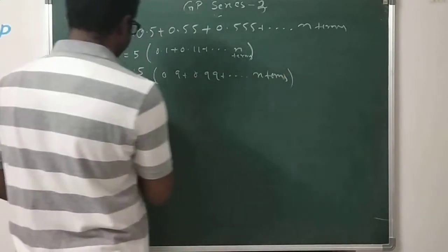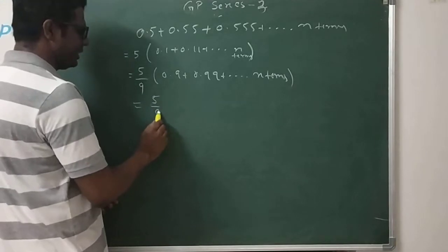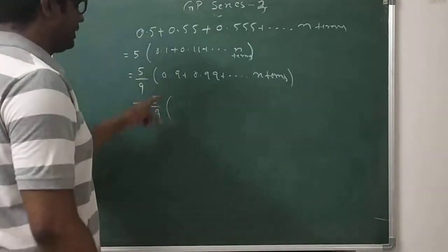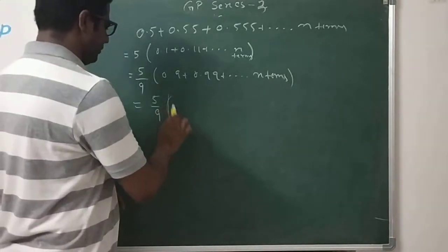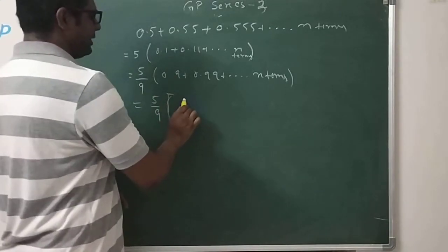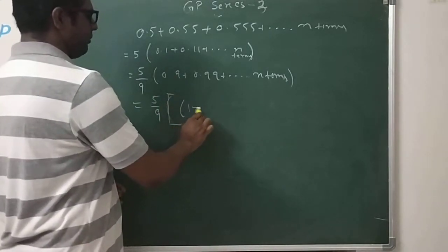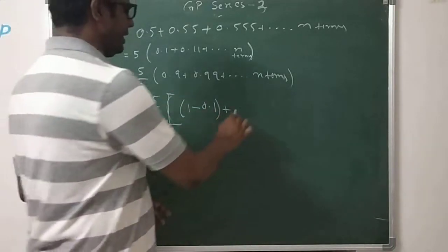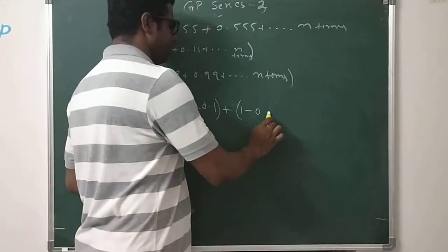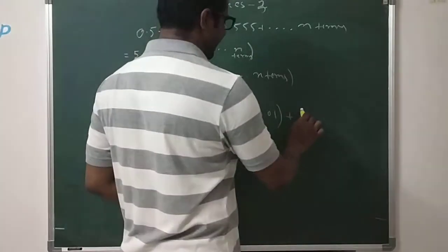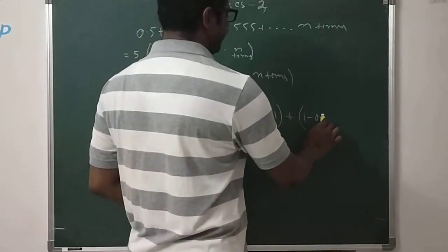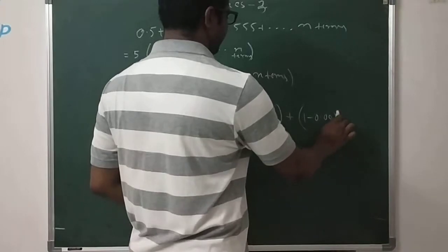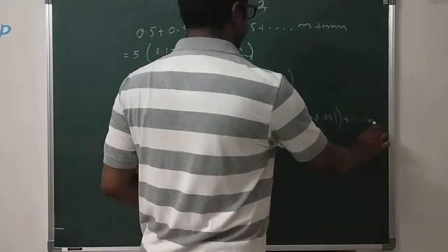Now we can do something with it. I can bring it to some series. So over here, I'll take a third bracket. 0.9 is 1 minus 0.1. What is 0.99? 1 minus 0.01. After this will be 0.999, so 1 minus 0.001, plus n terms.